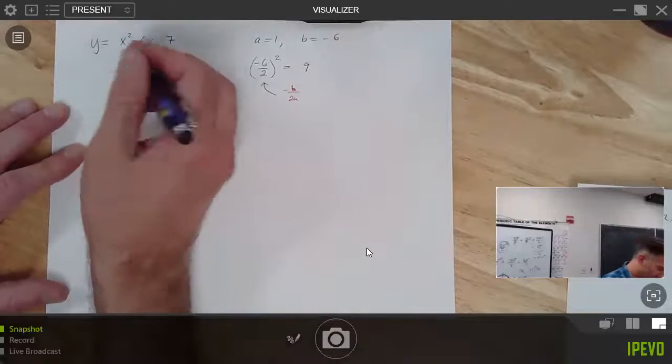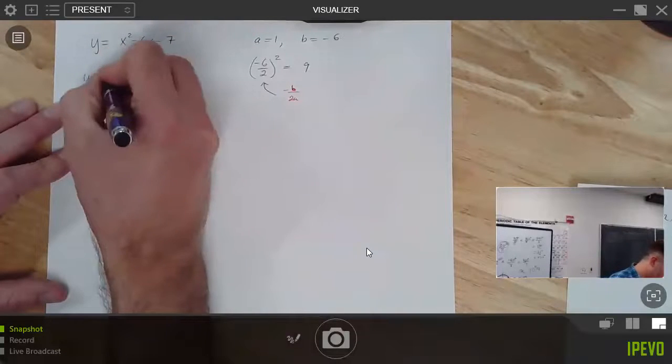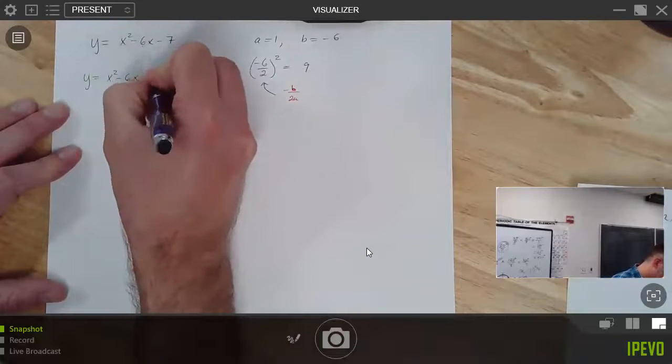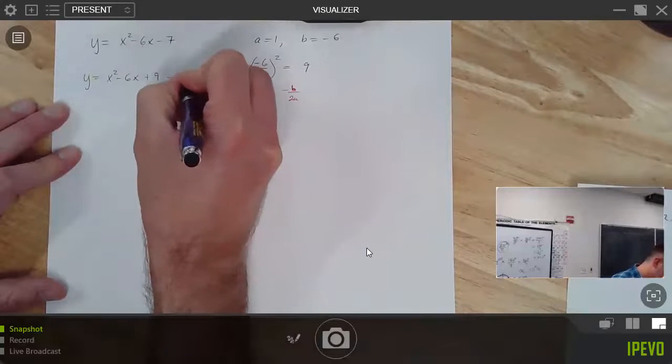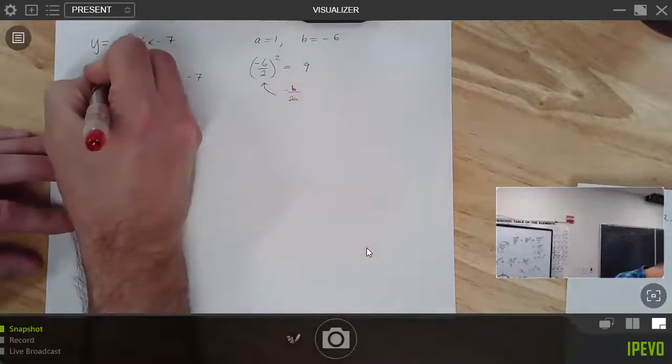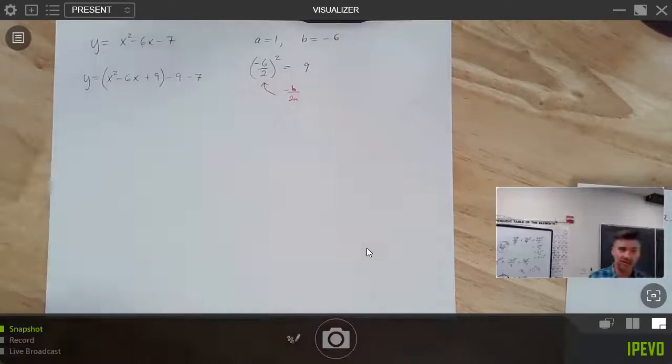So then when I rewrite this, I'm going to write it as y equal to x squared minus 6x plus 9 minus 9 minus 7. I just added 9 and subtracted 9. I'm not sure if that's exactly the same way Sarah did it, but that's the way I usually do it. The reason I added that 9 was to complete the square.